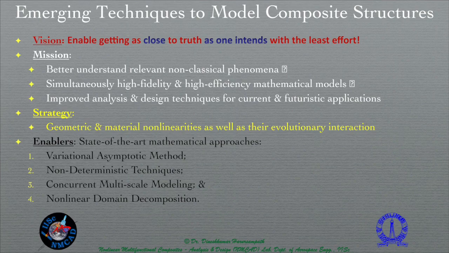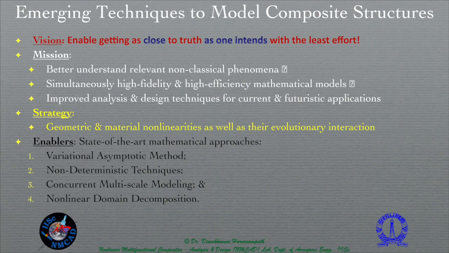So with this kind of a vision, what is the mission that is involved? It's to better understand the relevant phenomena happening in nature, in reality, in aircraft structures, aerospace structures, or in life. And those are not classical at all, which means you need at the same time both high fidelity and high efficiency.